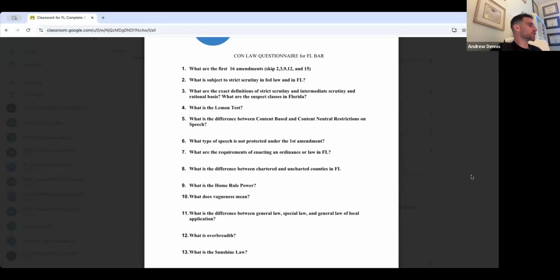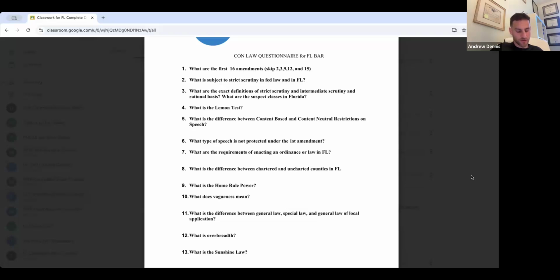I would just say strict scrutiny means narrowly tailored, compelling government interest, right? The government has the burden of proof of showing that it's narrowly tailored to achieve a compelling government interest, and it's the least restrictive means of achieving that result. That's what I meant to say. So narrowly tailored to a compelling government interest is strict scrutiny.